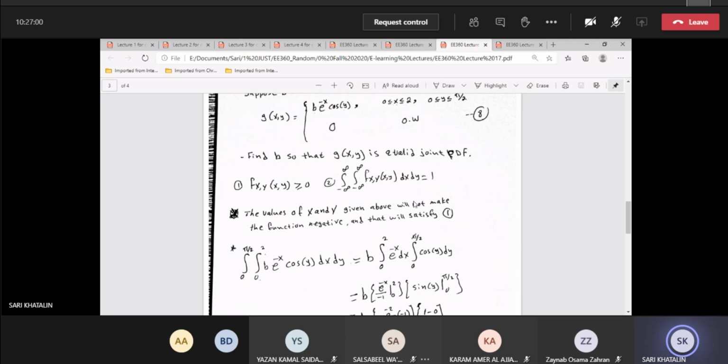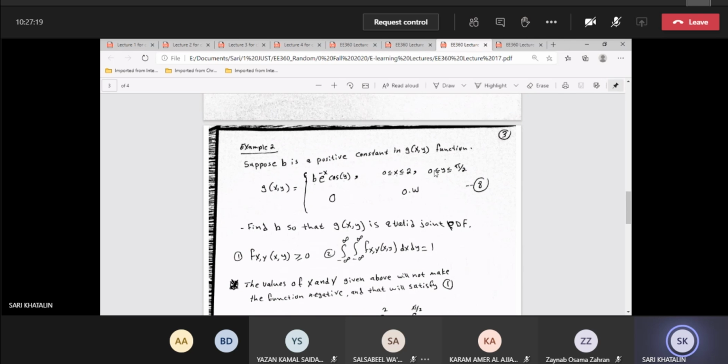Now the second part that we need to satisfy is part 2 right here. So we're going to integrate for y and x. We have this function, and we're going to integrate over 2 limits. The first limit is for y, 0 to pi over 2, and the other one is from 0 to 2.